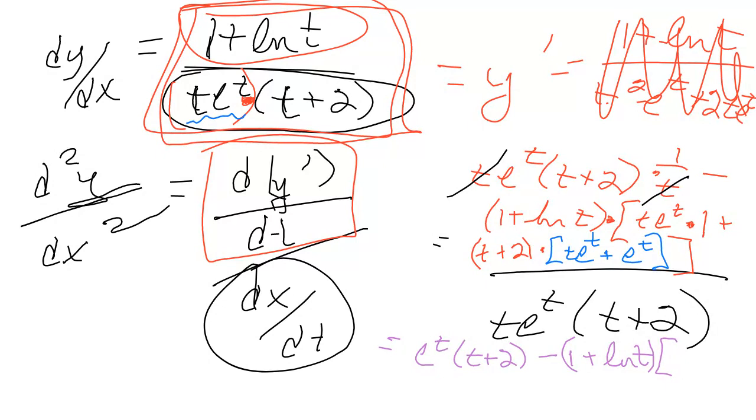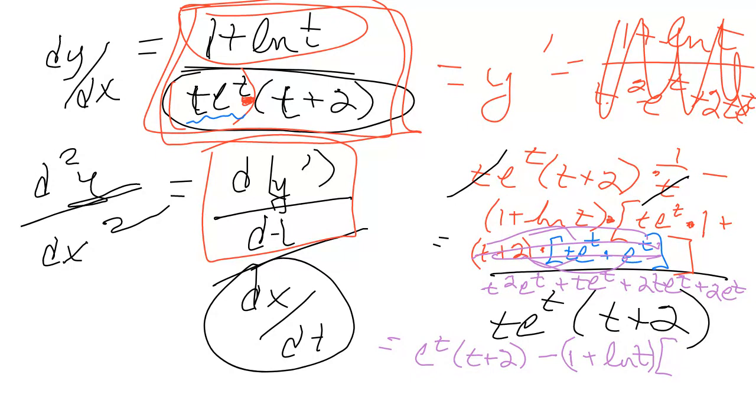So I'm going to do this. This is t squared. If I multiply the t through there, t squared e to the t plus t e to the t, and then plus 2t e to the t plus 2 e to the t, right? And that's that part here, if I did it right.